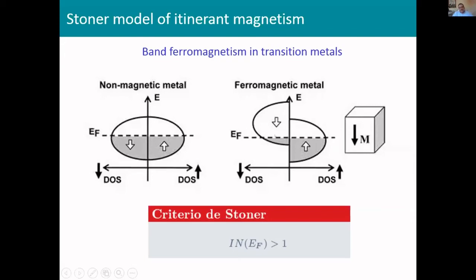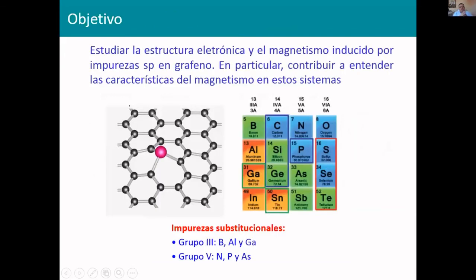So as we can see, in the case of magnetism induced by impurities in graphene, people are talking about itinerant magnetism, and the idea of our project is to contribute to understanding the magnetic properties, the character of the magnetism in graphene with sp impurities.